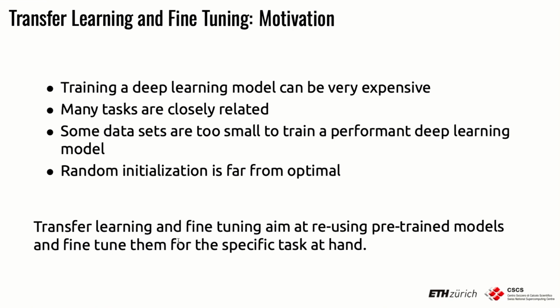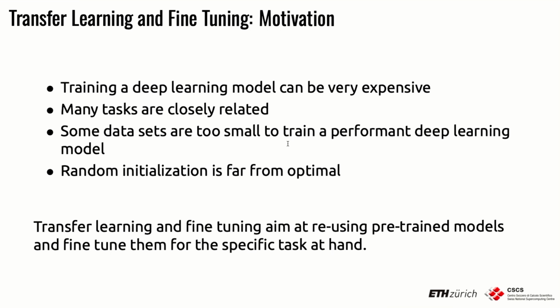Then another big topic that is super useful if you're working with deep learning models is transfer learning and fine-tuning. And the motivation is that training deep learning models can be very expensive. If you think, for example, of the large language models that you hear about today, they take weeks or months to train on multiple GPUs or supercomputers like the ones we have here.